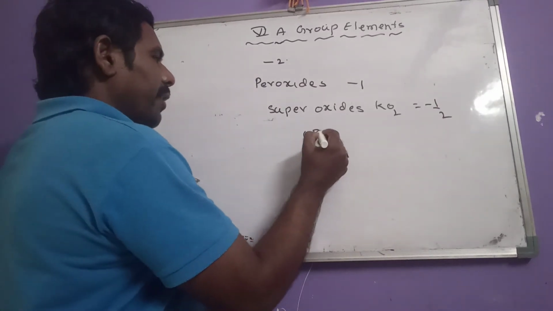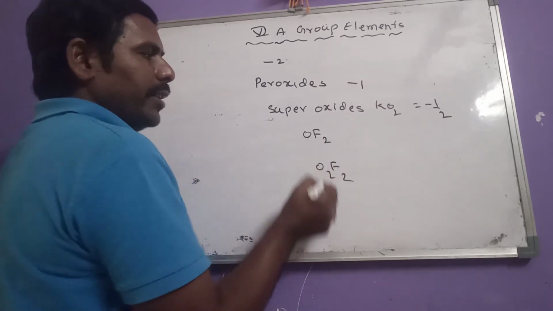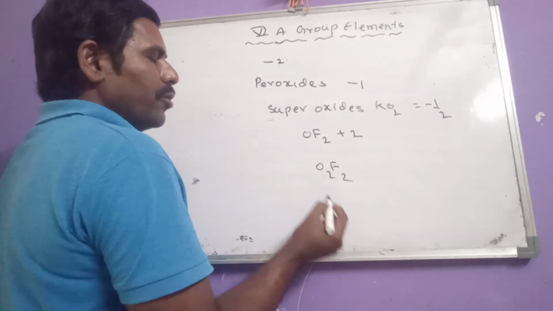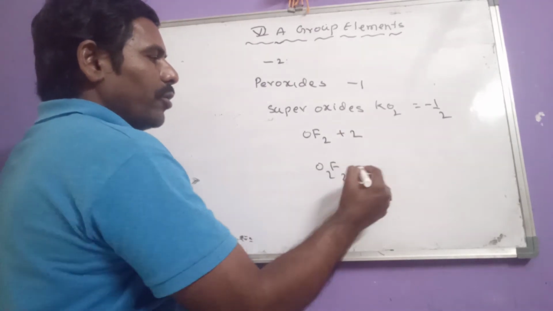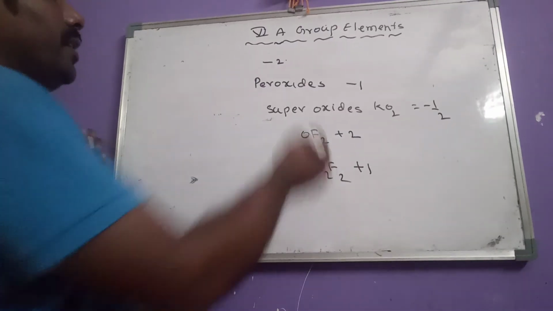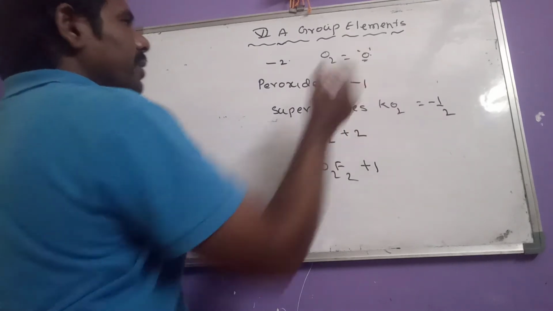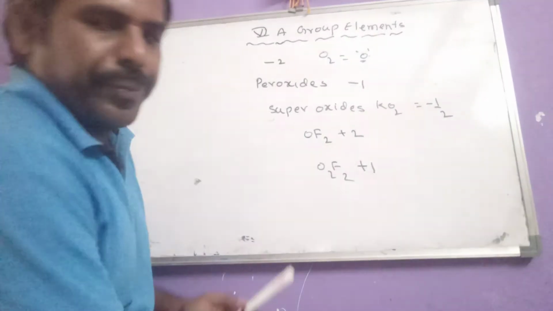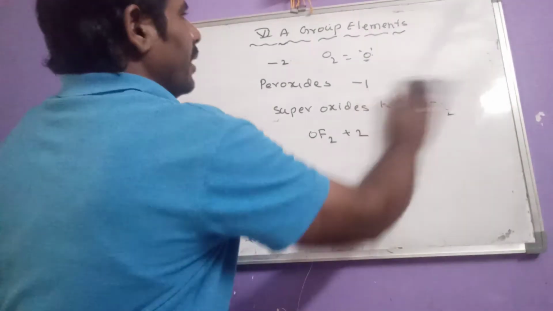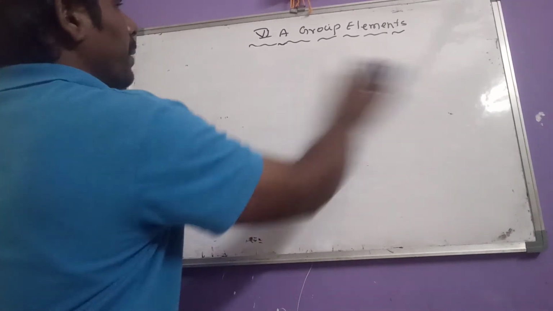When it is combined with fluorine, oxygen exhibits positive oxidation states. In OF2, oxygen exhibits +2 oxidation state. In O2F2, oxygen exhibits +1 oxidation state. Of course, in elemental state, the oxidation number is 0. So these are the different oxidation states of oxygen. This is regarding oxidation numbers of 6th group elements.